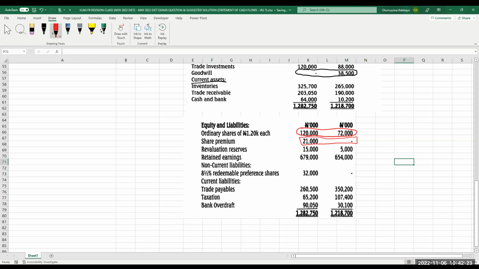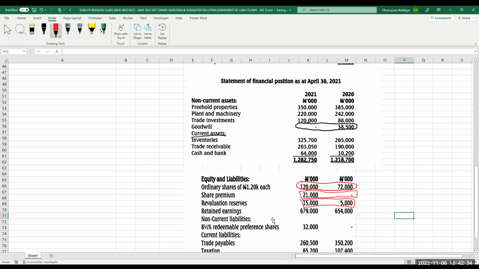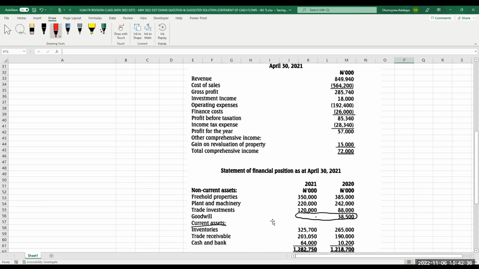Likewise, revaluation reserve increased from 5 to 15. What could bring about that? I think we have an idea, but let's go back to where we had an idea. Okay, we had an idea here where they told us that there's revaluation on property.